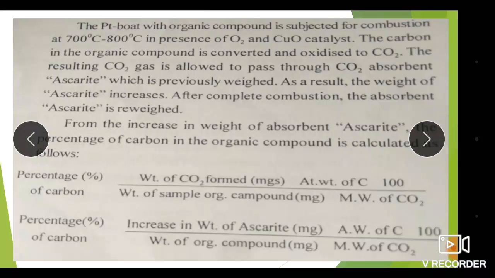What is the procedure? Take 10 to 100 milligrams of the organic compound, weigh it in a platinum boat, place the platinum boat in the combustion tube, and in the presence of copper oxide combust it at about 700 to 800 degrees Celsius. After complete combustion, whatever carbon dioxide is formed is absorbed by means of ascarite.